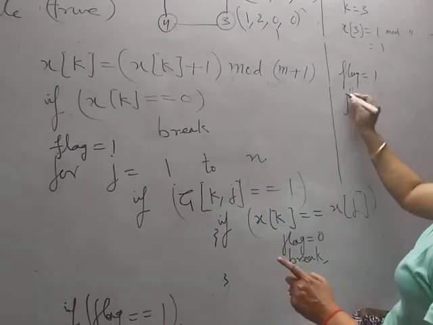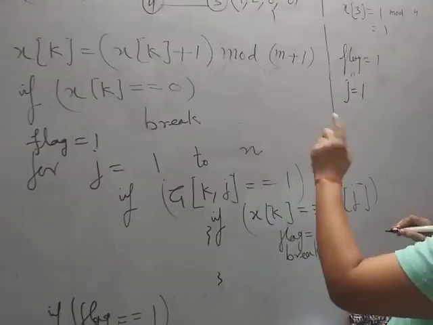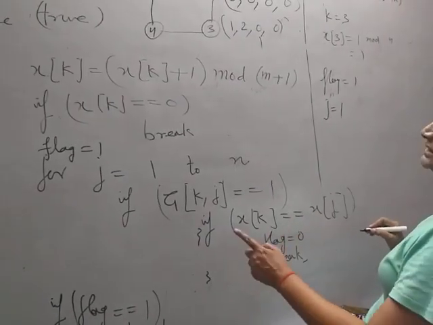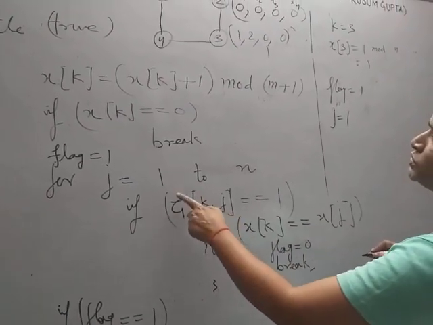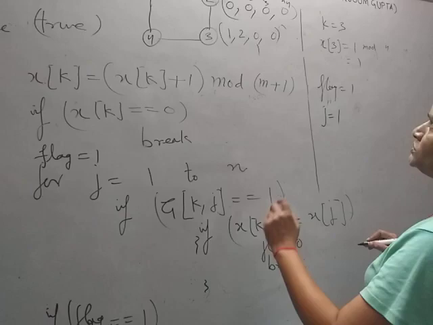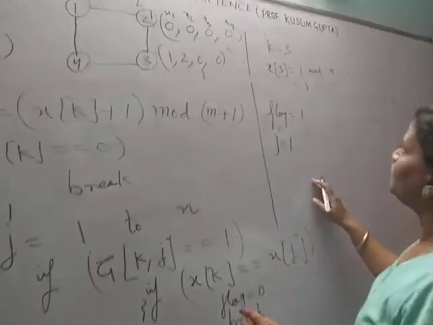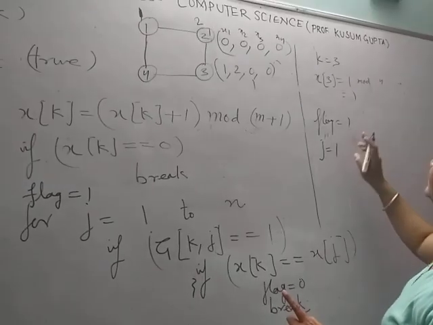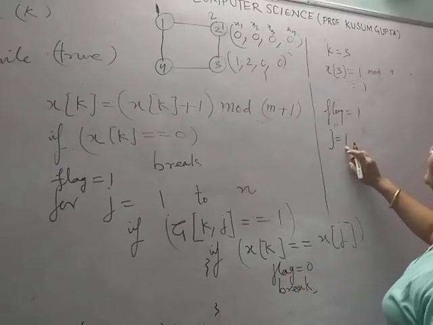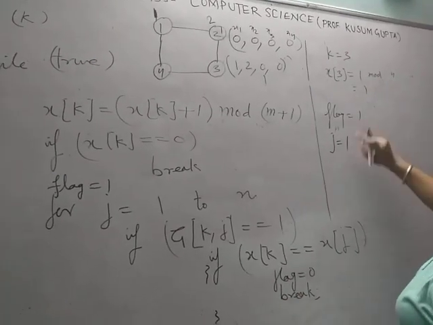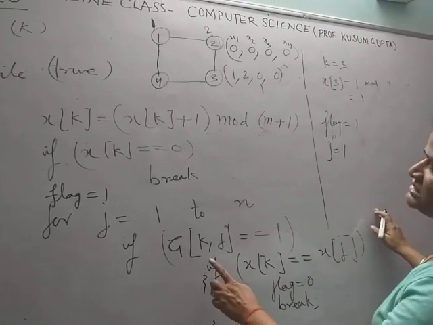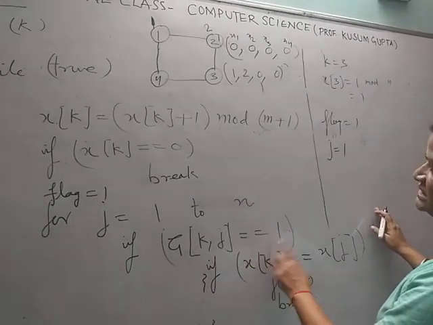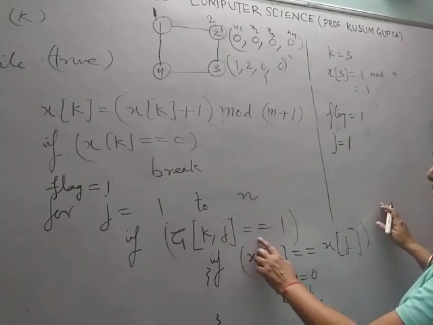Then j is here 1. Okay. So 1 and 3 are not adjacent. Then j is equal to 2. When the value of j is 1 and k is 3, 1 and 3 are not adjacent, so this condition is not true.